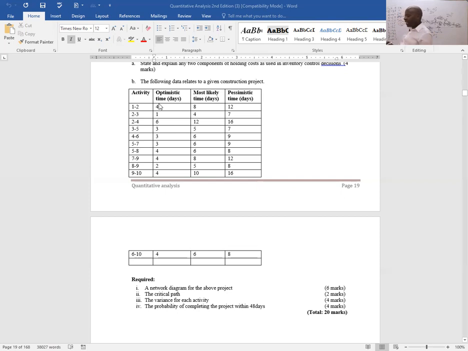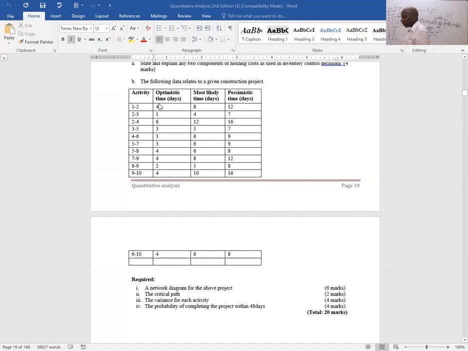Go to F. F is 9 and 3 again, so F is supposed to be 1 as well. Go to G. It is 8 minus 4, that gives us 4 squared, divided by 36, which gives 0.44.